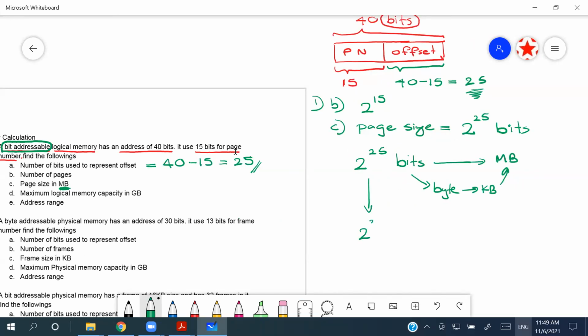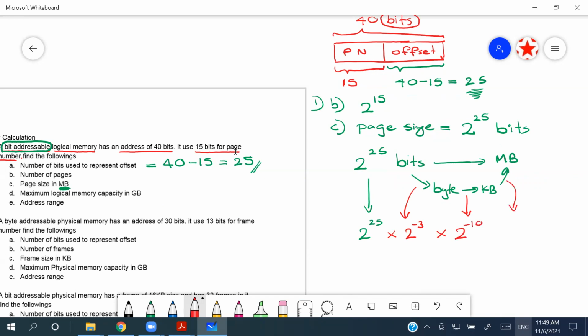2 to the power 25 will be taken over here. And for each and every conversion, we have a power of 2, right? From bits to bytes, it's 2 to the power minus 3. To convert from byte to kilobyte, it's 2 to the power minus 10.